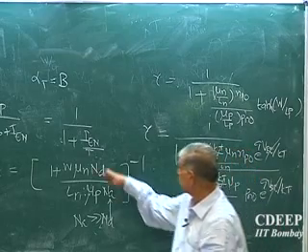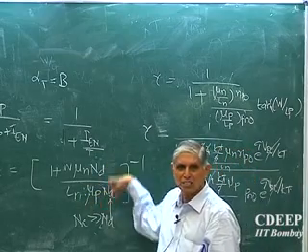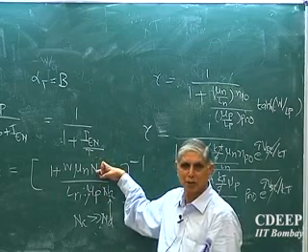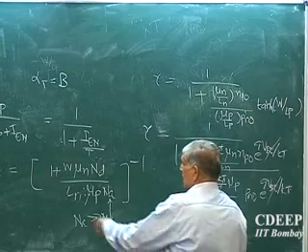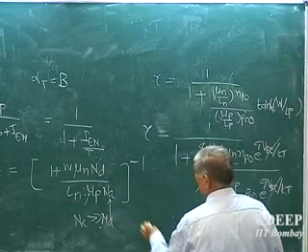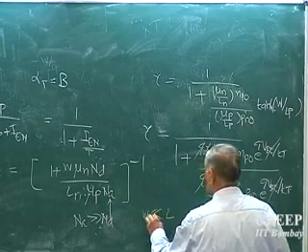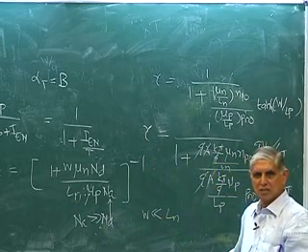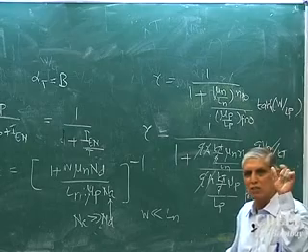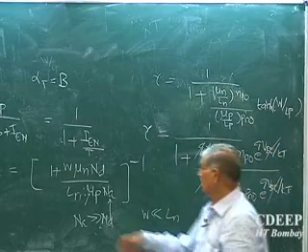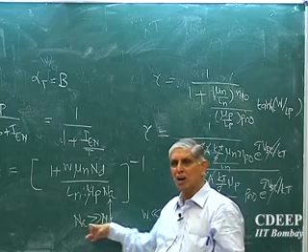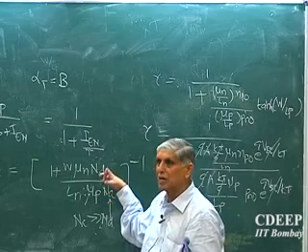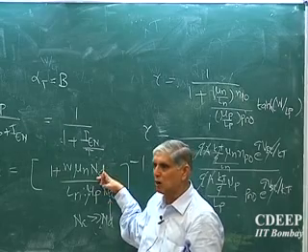Is that correct? This is small, so it should be 1 plus 0. I want this to be 0, so that means this denominator should be larger compared to the numerator. Also the other condition is W should be smaller than ln, which always will be. Base width is always smaller. Doping of emitter is kept very high compared to doping in the base, so that this term becomes close to 0 or small.